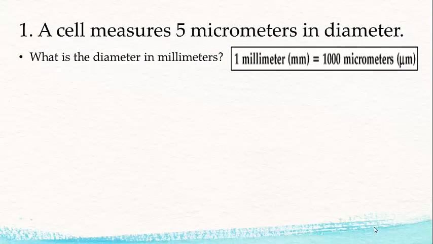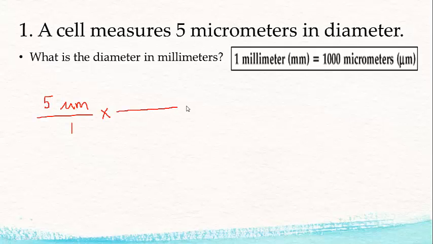First question asks us to convert a cell, which is 5 micrometers in diameter, into millimeters. So the first thing we should do, we're trying to convert 5 micrometers. So we're going to go ahead and write 5 micrometers. And underneath that we have 1. It's a placeholder.